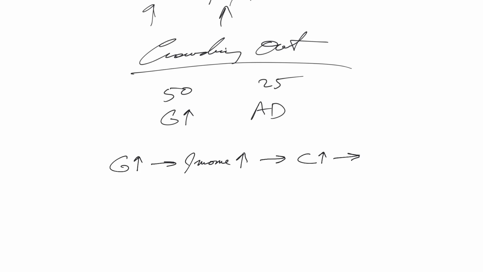And what do you need to consume? You need money. So there's going to be an increased demand for money. Let me write that out. If we spend more, we're going to need more money. So this increase in consumption requires more money with which to complete our purchasing transactions.